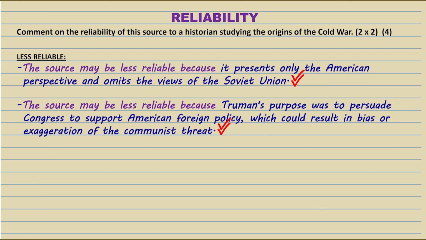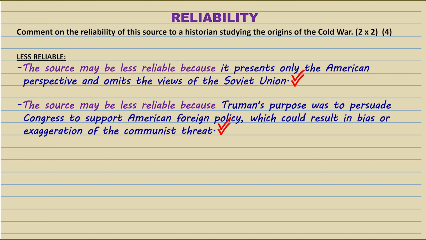He was not simply recording what was happening, he was trying to convince Congress to support his proposed policy. This gives him a reason to present the situation in a way that would strengthen his argument. That could mean emphasizing the danger posed by communism or portraying the situation as more urgent than it actually was. This gives us a reason to question the reliability of his claims.